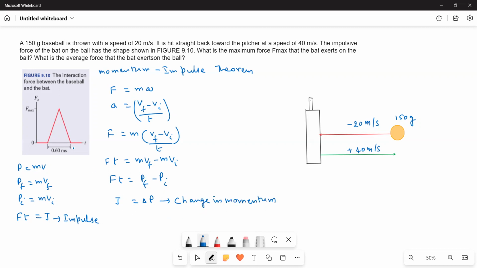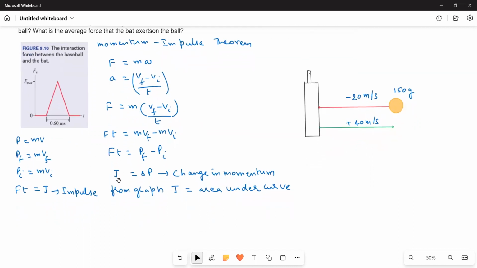So from the graph, how do we get the Ft? Ft we can find out as the area under the curve. So from the graph, impulse J is equal to area under curve. But here, they haven't given the force, only time is given to us.